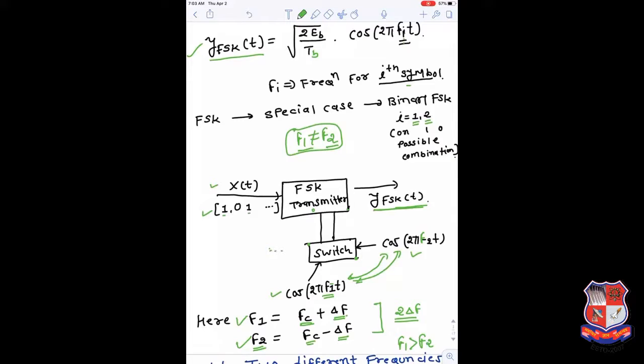When there is a bit 1 like this, we can transmit with the carrier signal cos 2 pi F1t, and when there is a bit 0, we can transmit with cos 2 pi F2t. Again when there is a 1, we transmit with cos 2 pi F1t, so these 2 carrier signals, cos 2 pi F1t and cos 2 pi F2t, are alternately used to represent the bits 1 and 0.